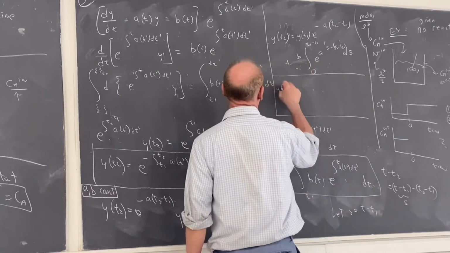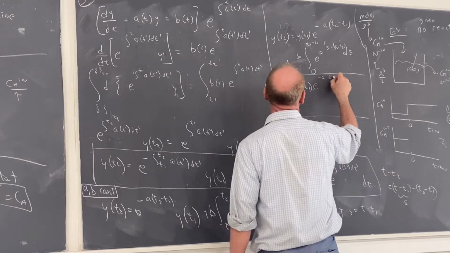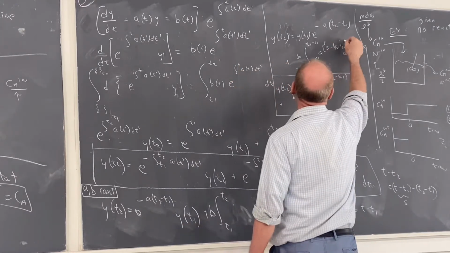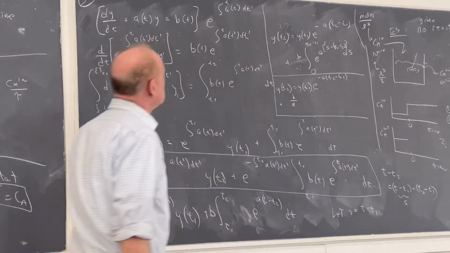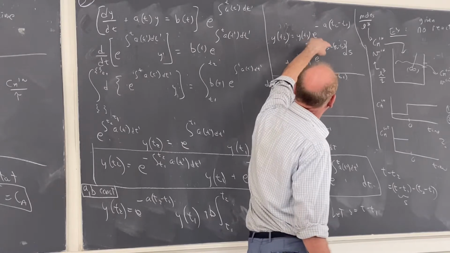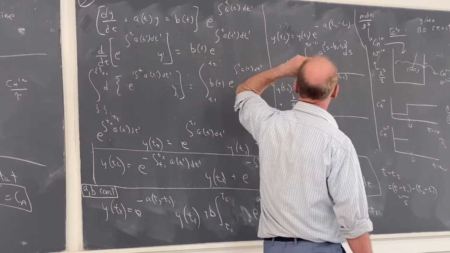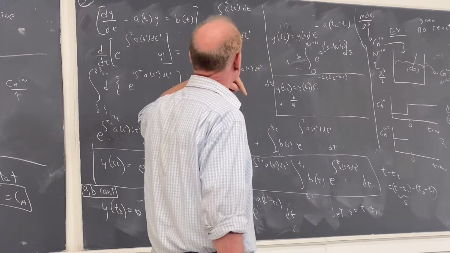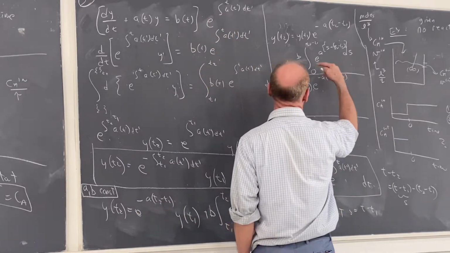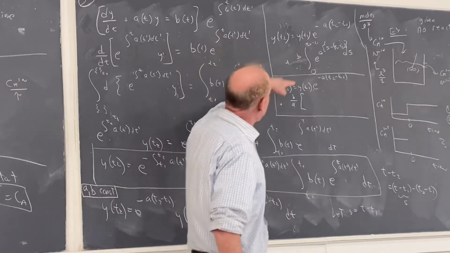So here I have y of t2 is equal to y of t1, e to the minus a, t2 minus t1, plus b over a times the integral of the exponential, which gives me the exponential back, times 1 over a.